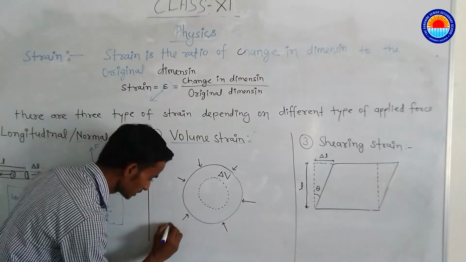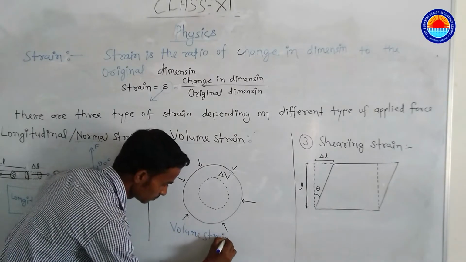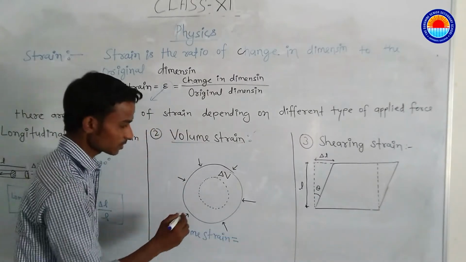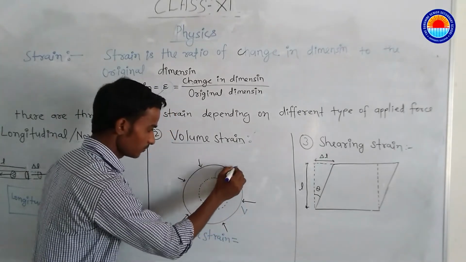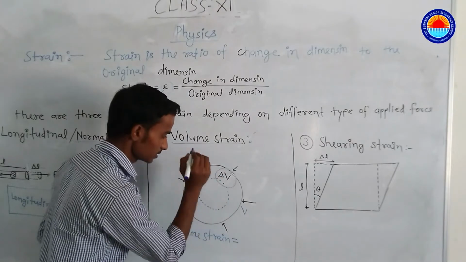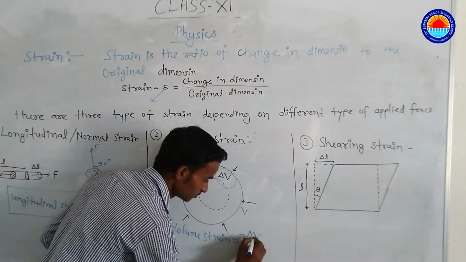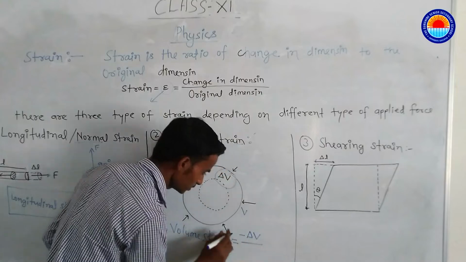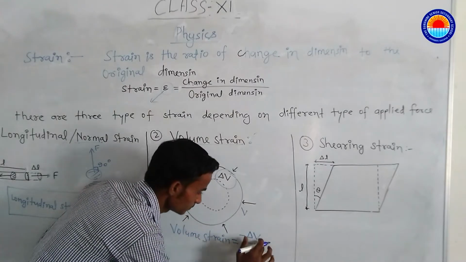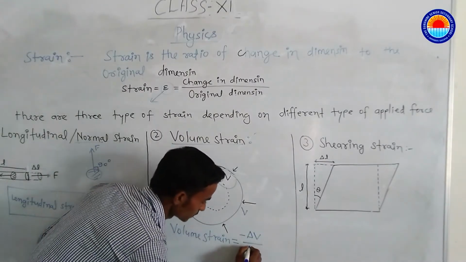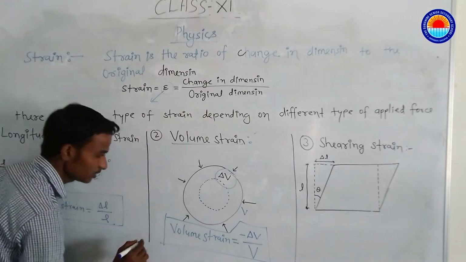Here the change in dimension is delta V, because the original value is V, and if we apply normal force at every point, then its volume changes. Volume decreases, so we apply a negative sign to delta V. Take, for example, a ball, any spherical shape, with volume V. Volume strain is equal to negative delta V by V.